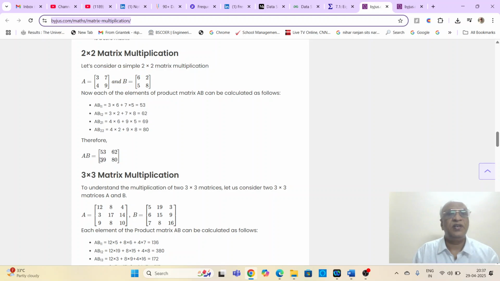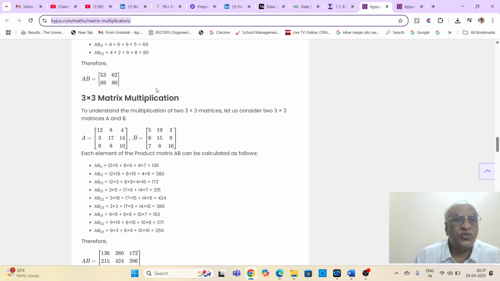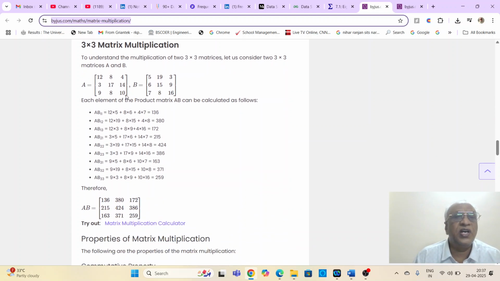So this is my AB, the multiplication of matrix A and matrix B, which are 2 by 2 square matrices. If it is a 3 by 3 matrix, again I take the first element: 12 into 5 plus 8 into 6 plus 4 into 7 is 136, that becomes AB11.